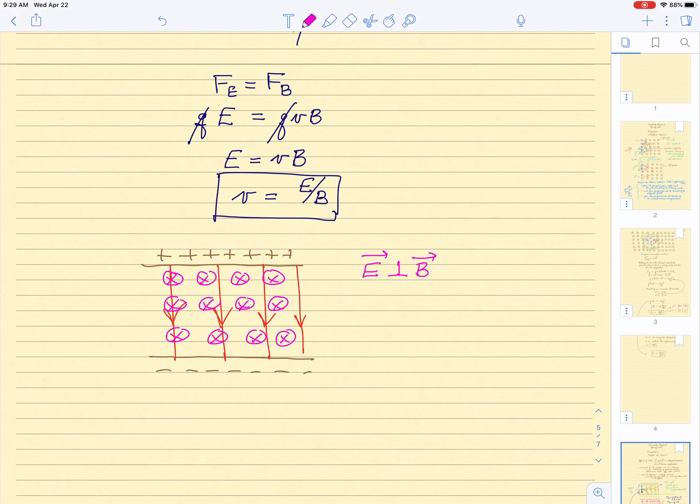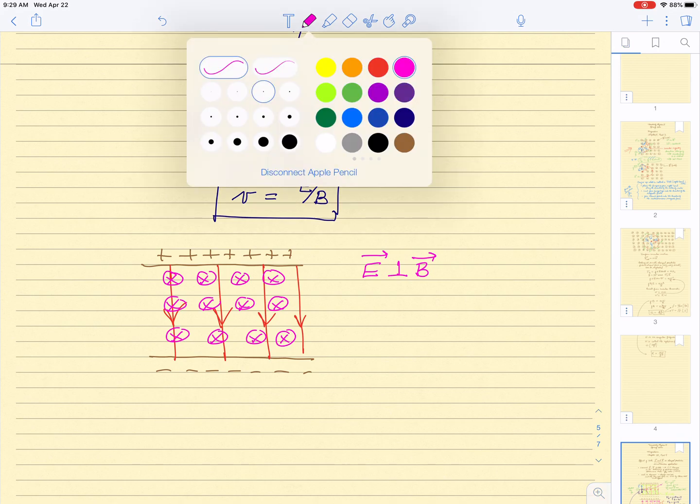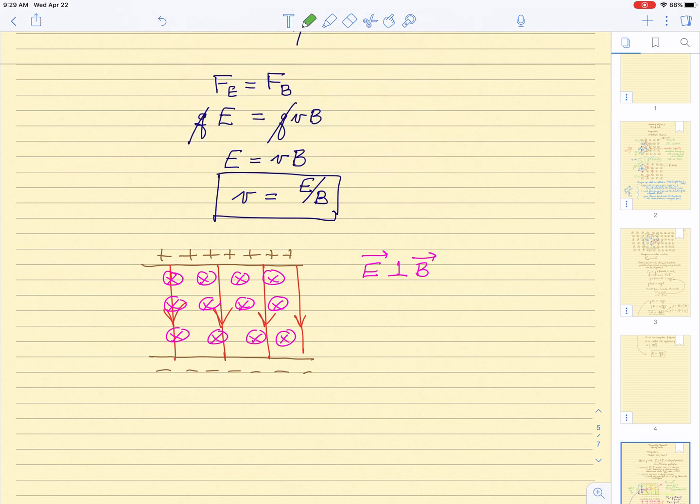Now, it's very hard to get electrons with a precise speed. As a matter of fact, you might say, how does one get a beam of electrons in general?